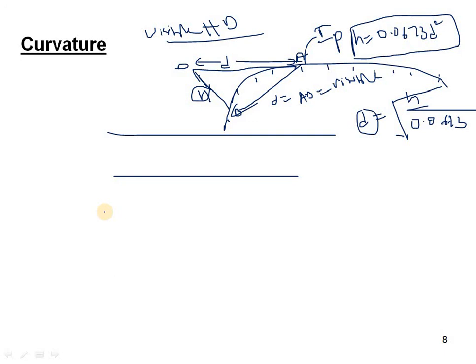Generally, the surface of the earth is curved and not flat. So staff readings will be affected due to the curvature of the earth. Due to curvature of the earth we get larger staff readings than the true readings. Hence the point sighted will appear to be lower than its true position. That is the meaning of curvature. In case of a long sight, the horizontal line of sight will not coincide with the level line.